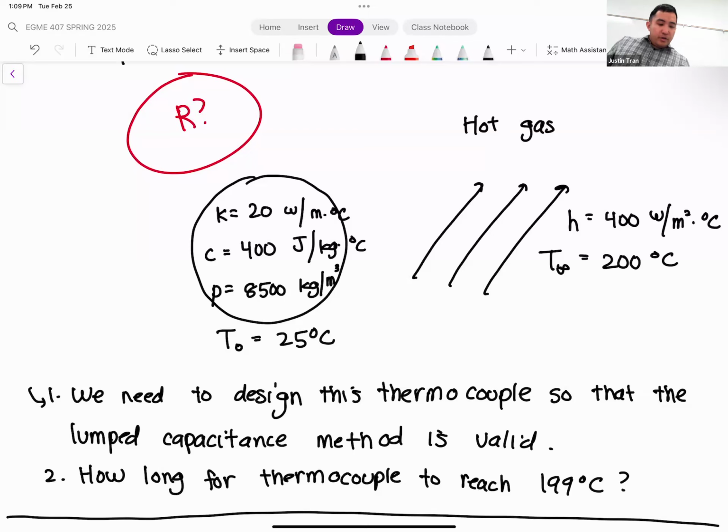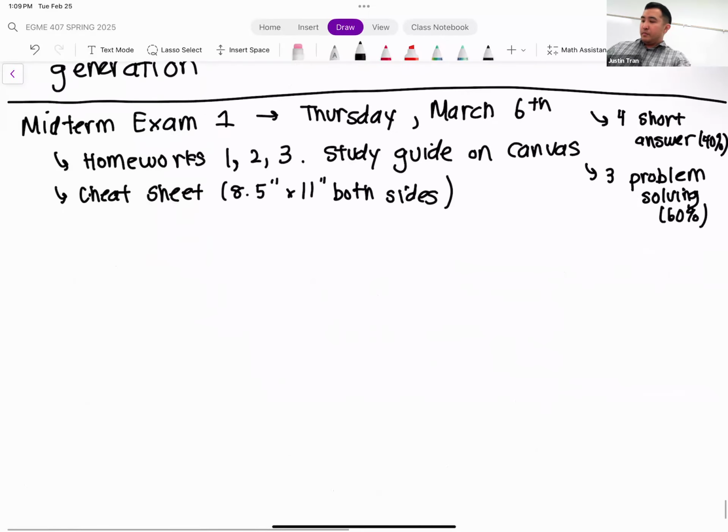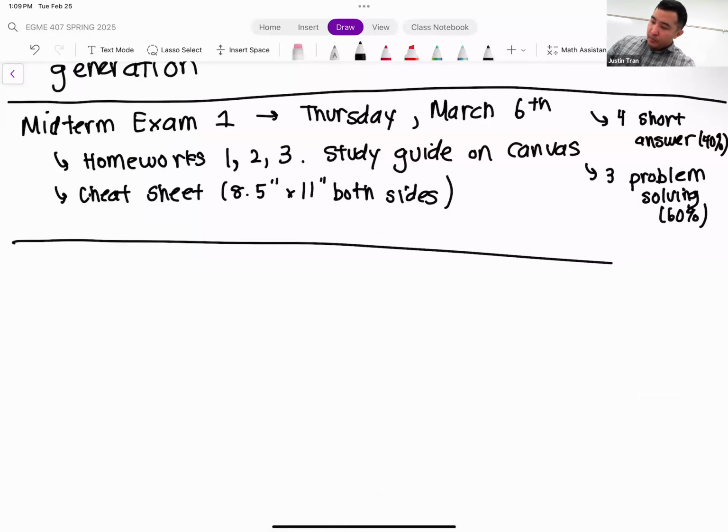All right, so let's go ahead and solve this. Part 1 is we need to design the thermocouple so that the lump capacitance method is valid.